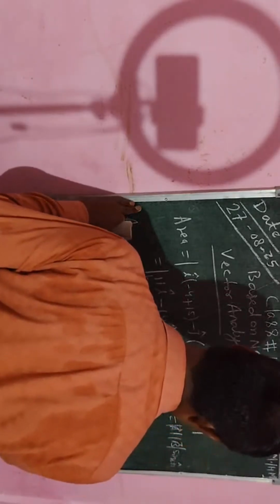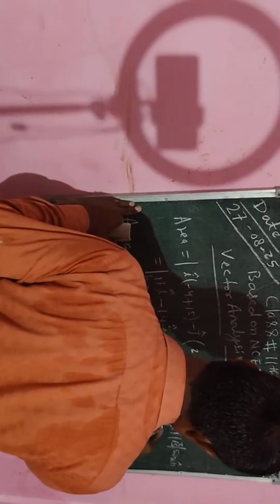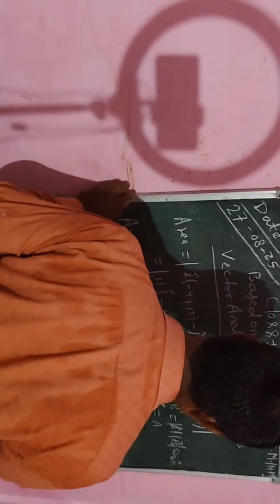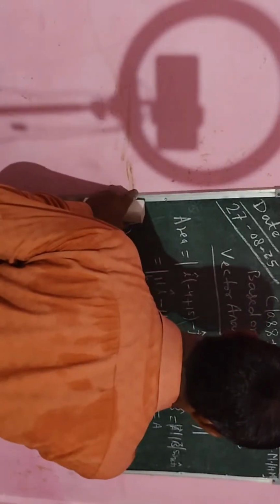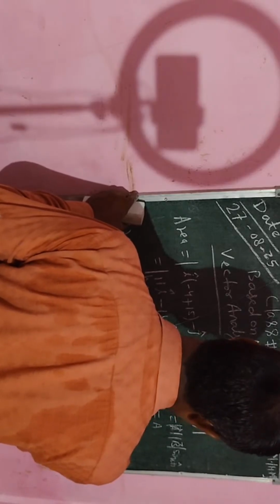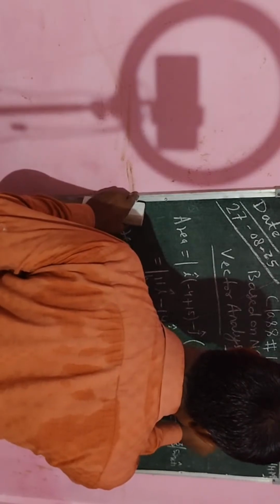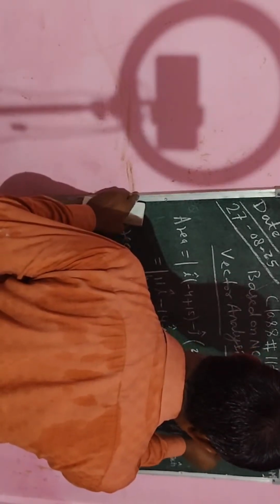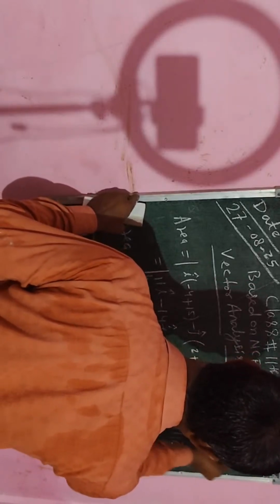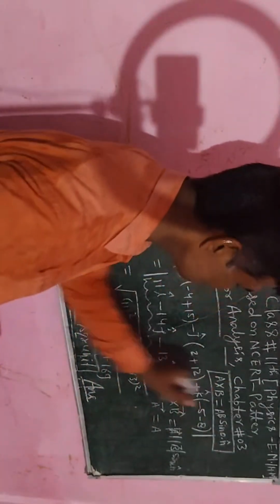So if I write, vector A is also written with A, so I will write A cross B. A cross B means this is the vector A and this is the vector B. So I will write AB sin theta, and one vector n cap will be there. So this is the cross product of two vectors. One vector is A and another vector is B.